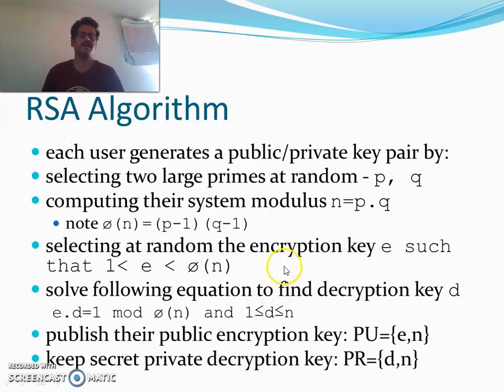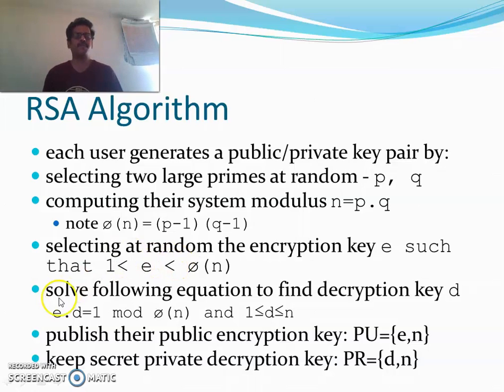Now we'll see the RSA algorithm. Each user generates a public and private key pair by selecting two large prime numbers, namely p and q. Then they compute n equal to p into q, followed by calculating phi of n equal to p minus 1 into q minus 1. Then we need to choose a random encryption key E such that it lies between 1 and phi of n.